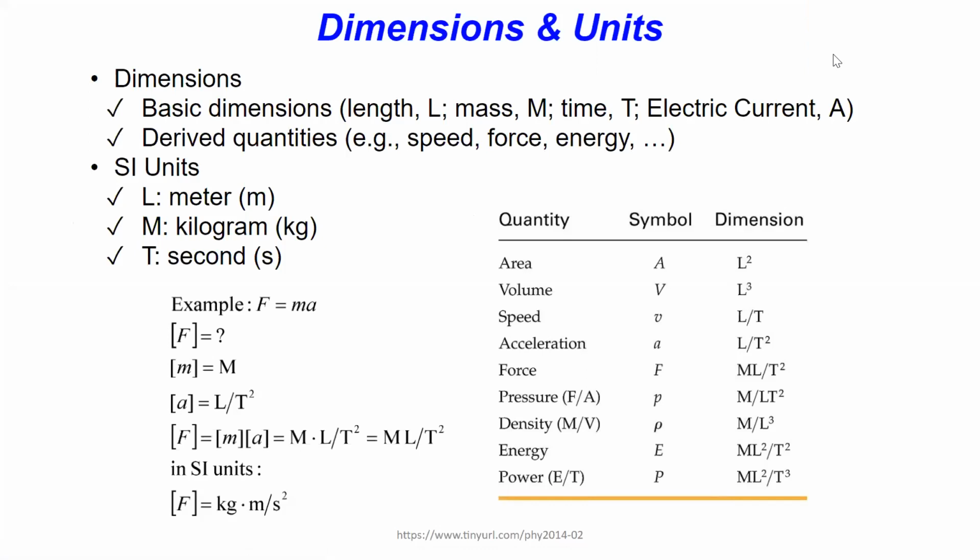And pretty much all the other quantities are derived quantities. That means they are a combination of those 4, okay? But for the first semester, we only deal with the first 3 basic dimensions. We will not talk about electric current because that's the topic for semester 2.